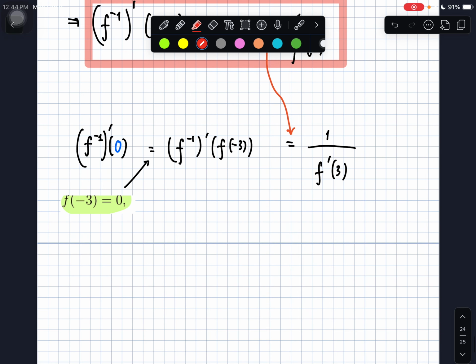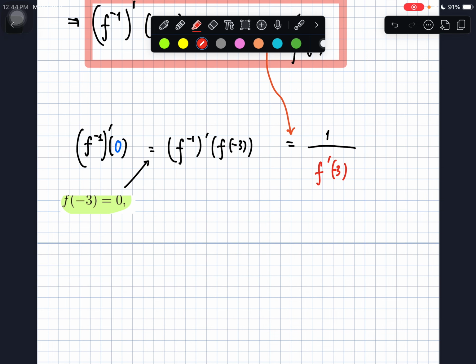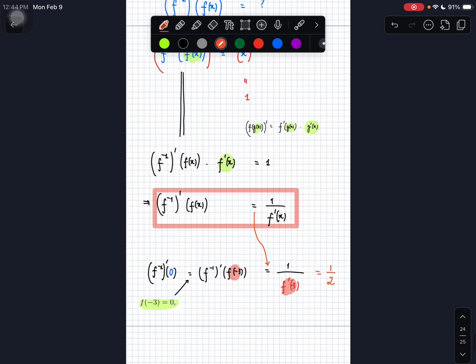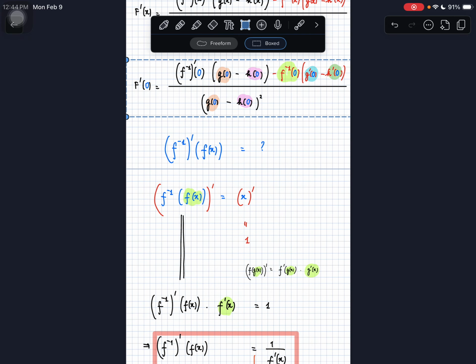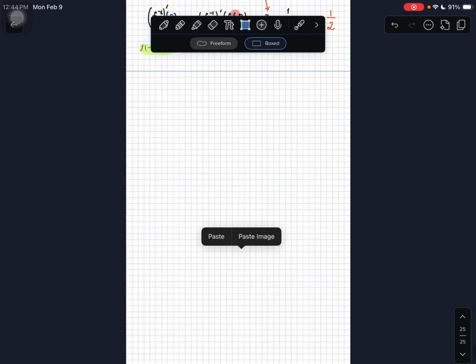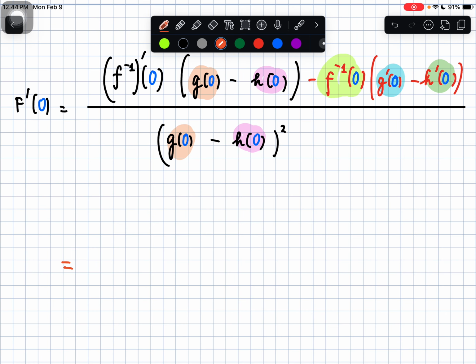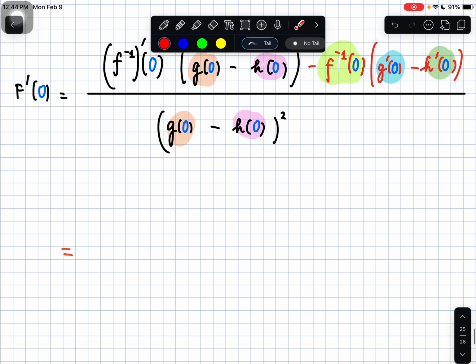F prime of negative 3 equal to 2, so 1 over 2. So we have all the information for that. So f inverse prime at 0 equal to 1/2.